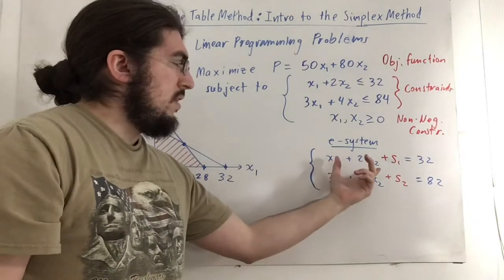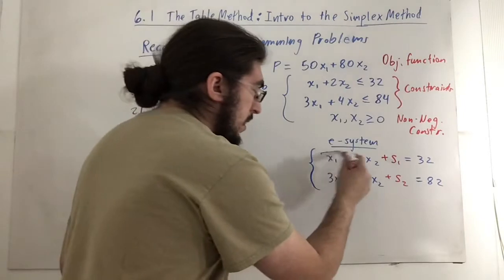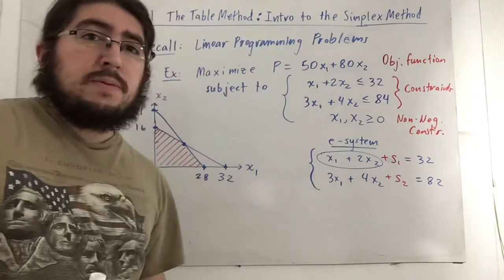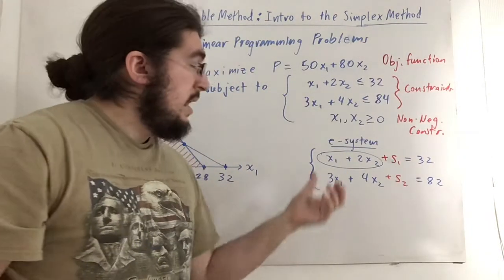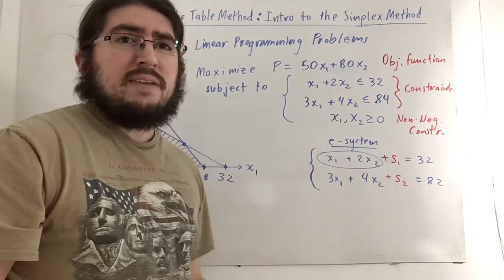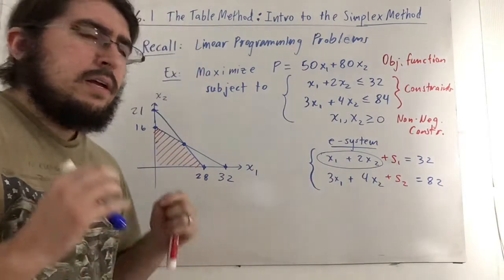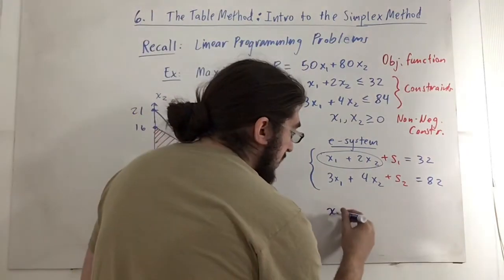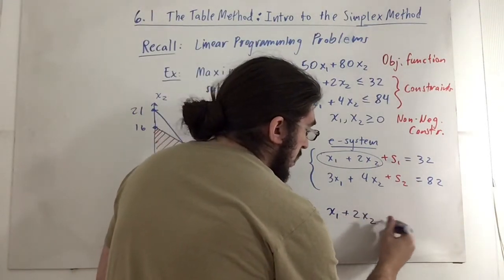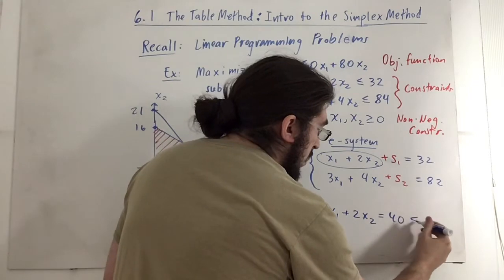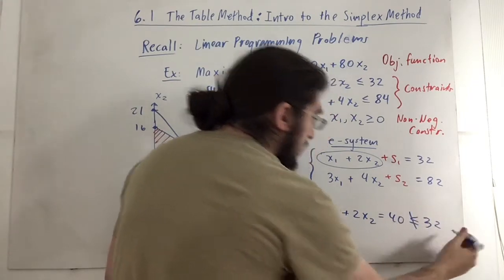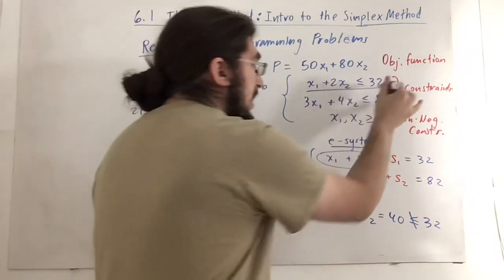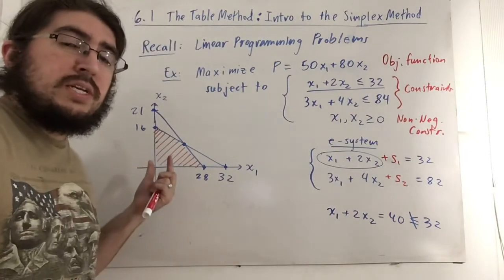Well, what if instead of amounting to 25, they amount to, I don't know, 40? If they amount to 40, then s1 would have to be negative 8. But do you see the problem there? If x1 plus 2x2 was equal to 40, well, 40 is not less than 32. And we need to be less than 32 in order to be in the feasible region.